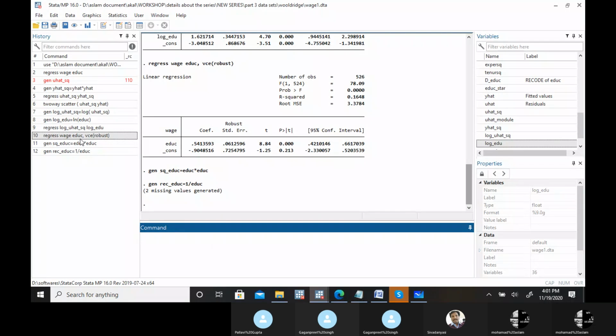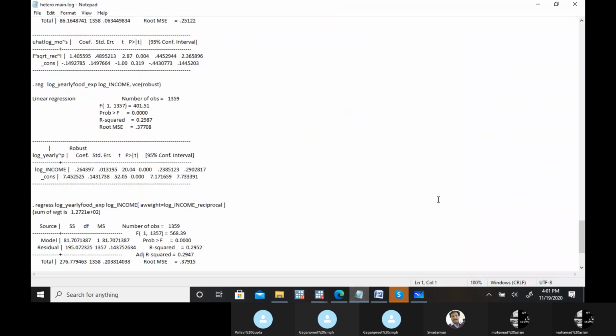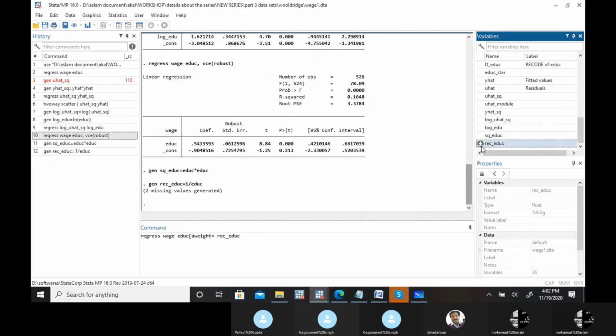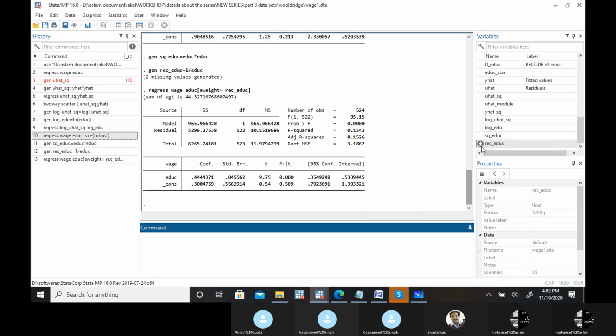And that variable, let me take as a weight variable, equal to this reciprocal variable. Yeah, it will work. Now see the changes. These are the standard errors now.